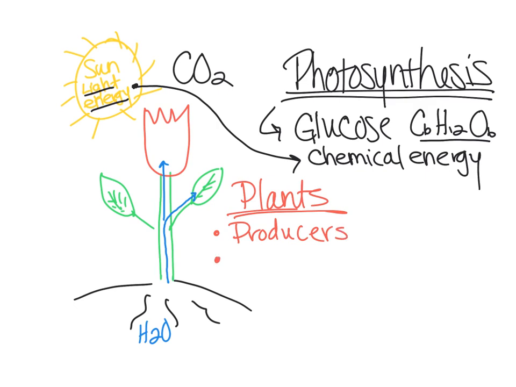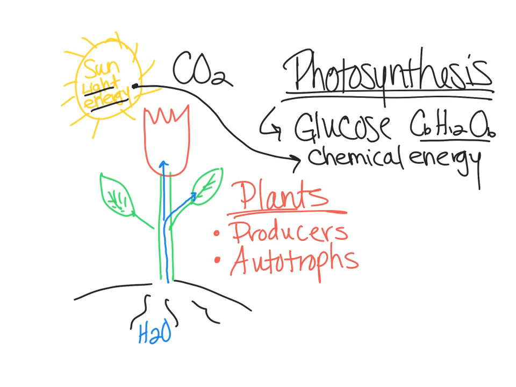And because they're automatically doing it just by sitting in the sun and drinking up water, we call them autotrophs. Anything that goes through photosynthesis is going to fall into these categories. They use sunlight to go through photosynthesis, and they're basically the first level of any food chain. It always starts with a producer.